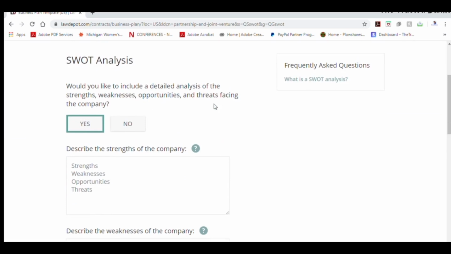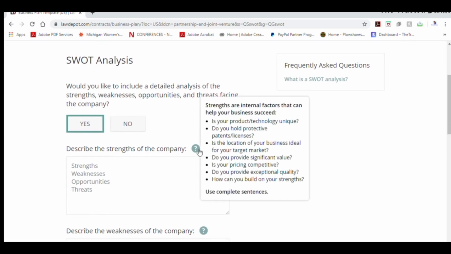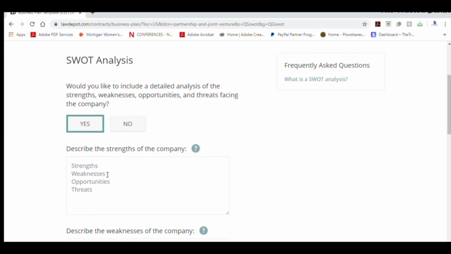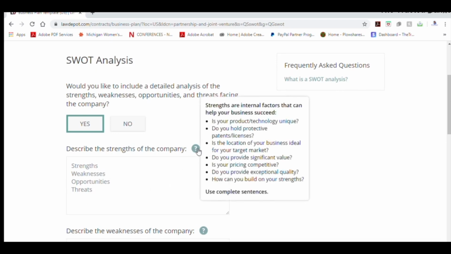So here is the next question for a SWOT analysis. You definitely want to include a detailed analysis of your strengths, weaknesses, opportunities, and threats. So you want to punch on the question mark, and you want to talk about the product you use. How is it unique? Do you hold protective patents and licenses? These are all strengths.